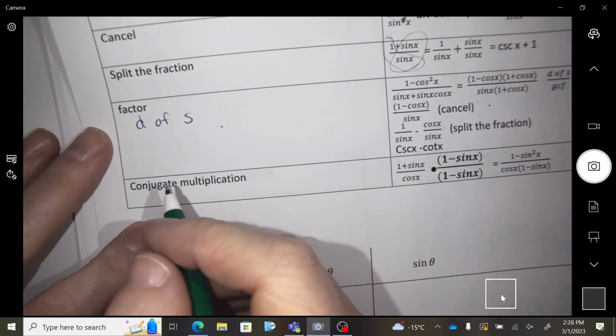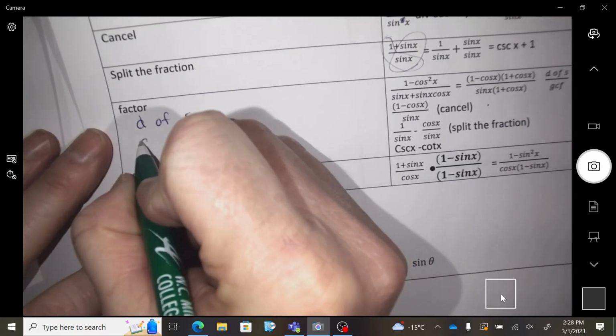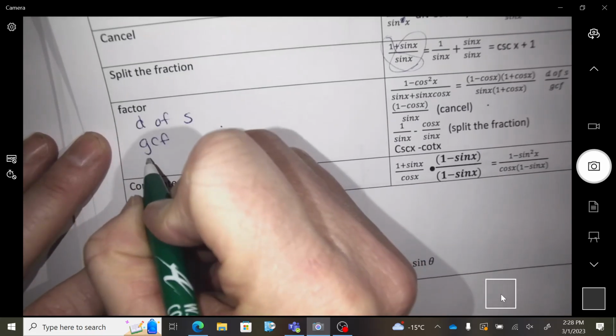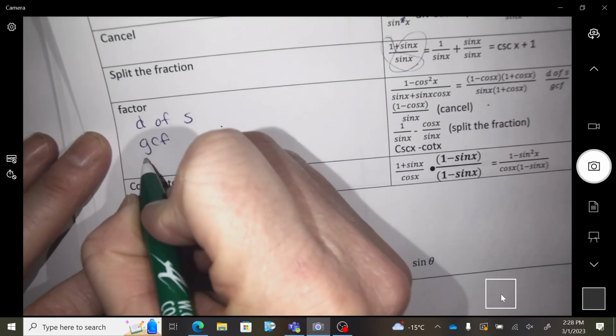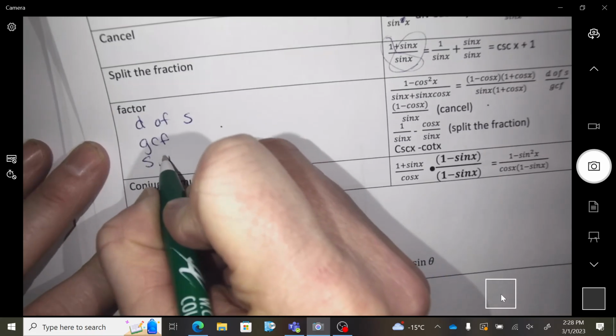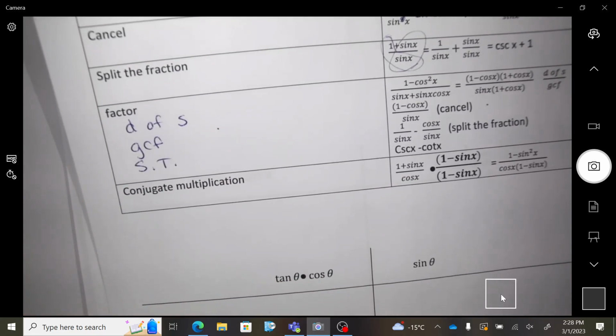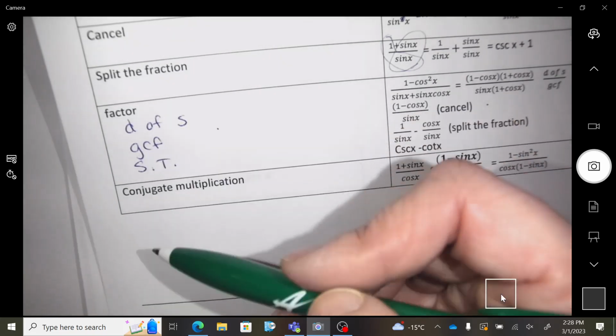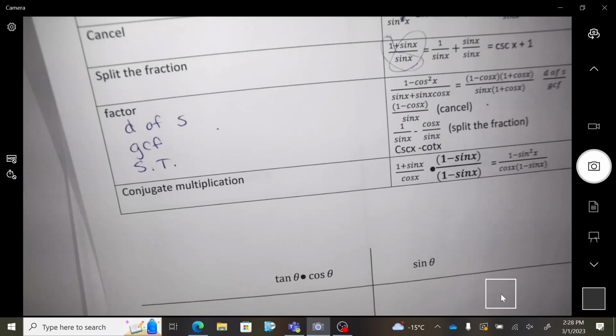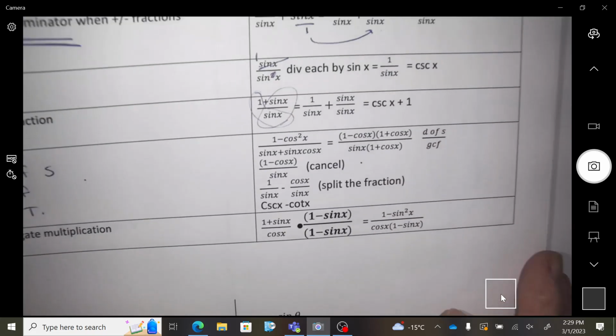Another common type would probably be GCF. You might see simple trinomials. I don't think we have a lot of complex trinomials that we see in this. Okay, do you know how to be like, boom, yeah, that's a difference of squares, recognizing it. That's what you got to get good at, just recognizing where you see.